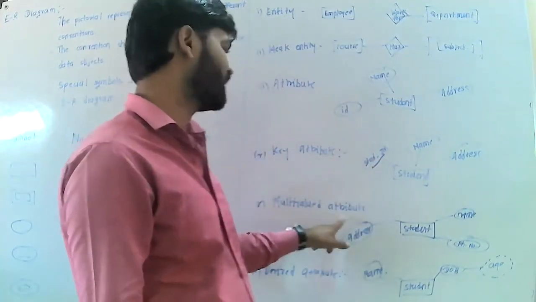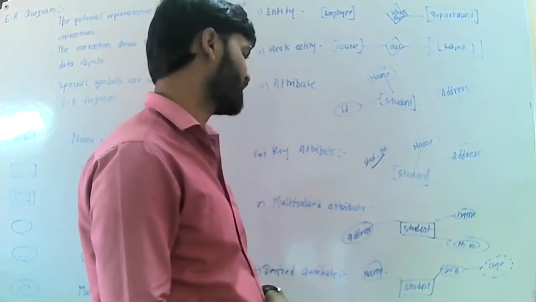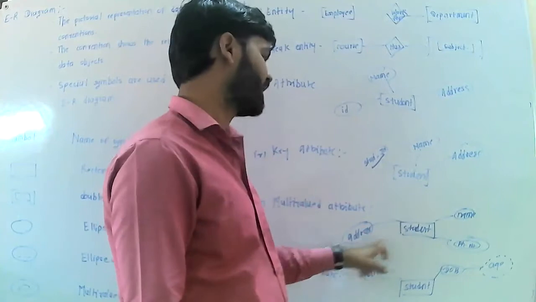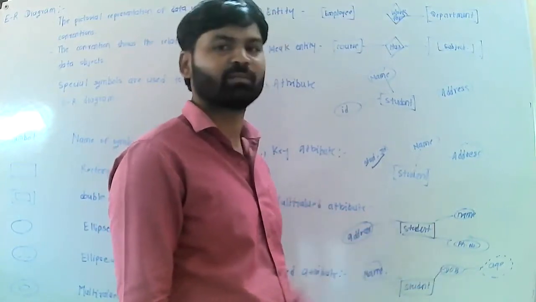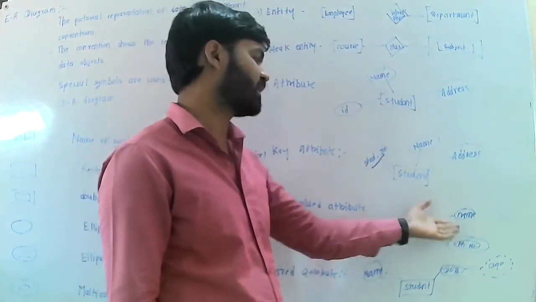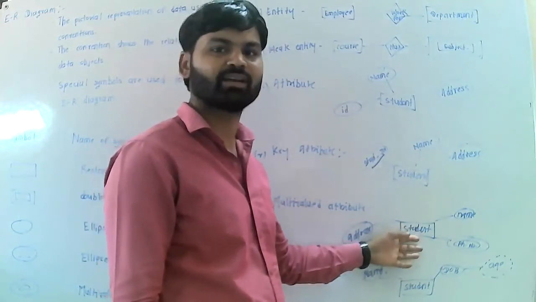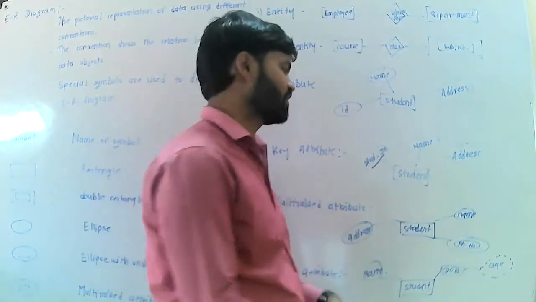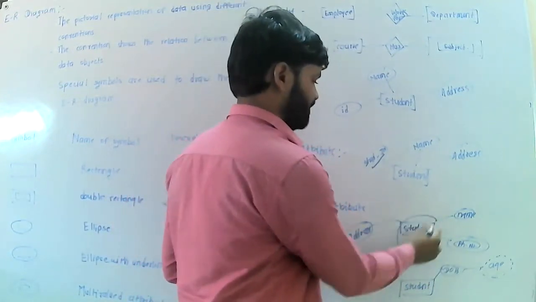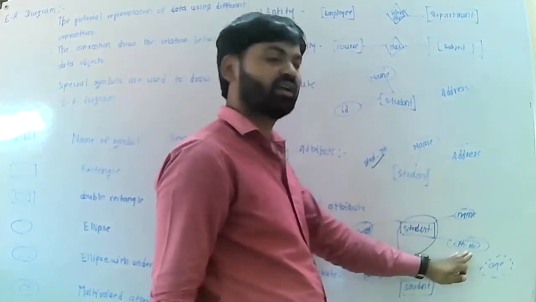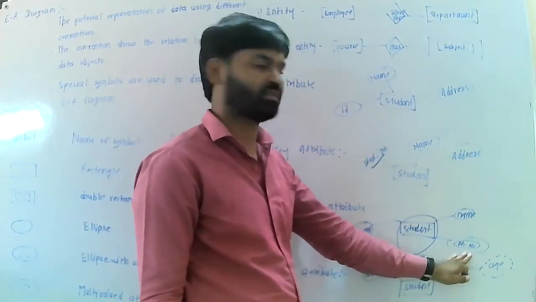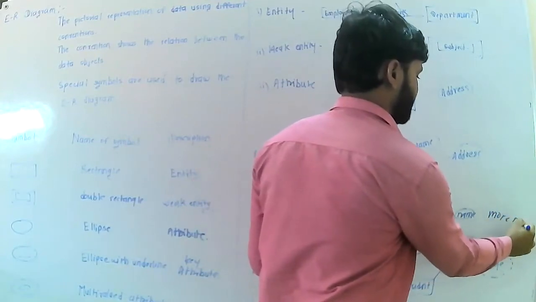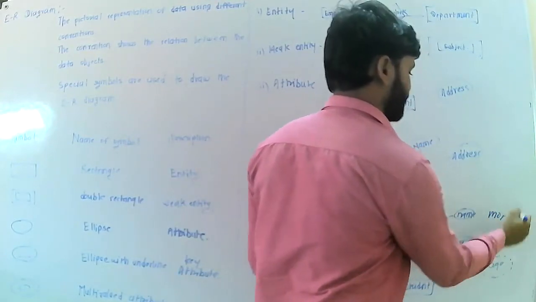Then multi-value attribute. Which are those? Student has these three attributes: address, name, phone number. These are the three attributes the student entity has. In this, a student may have different phone numbers, or more than one phone number.